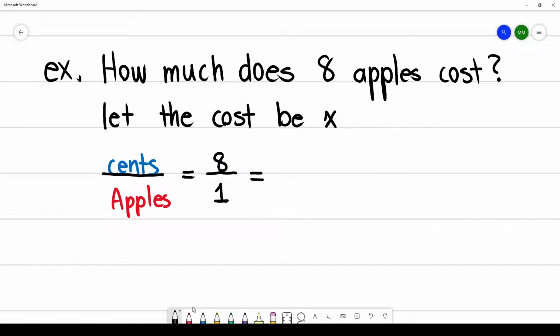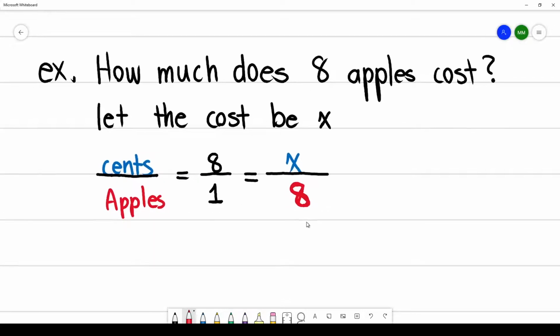So we need the relationship between 8 apples and the cost X. The cost X will be on top, so that's cents, the cost, and then over apples. We have 8 apples. We want to find the cost when there are 8 apples. By just looking at it, you can already see that this is 64.